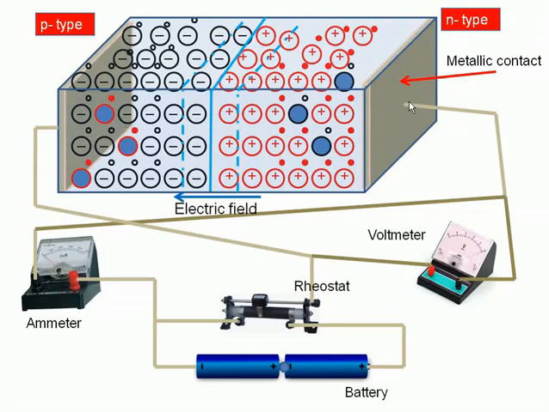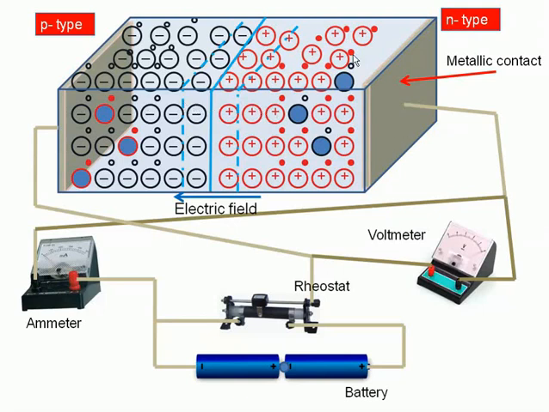Here you can see that the depletion region is reduced. Now what happens? The first point is that the depletion region has been reduced in case of forward biasing. Second point, you connected this contact with the positive terminal of the battery, and because of that the holes push towards the n side.